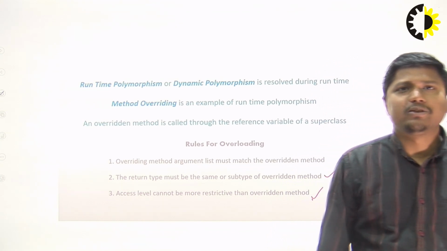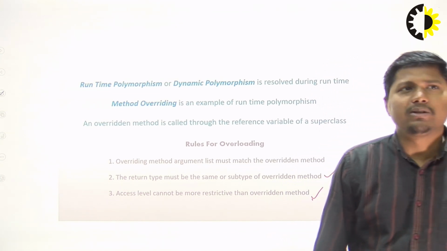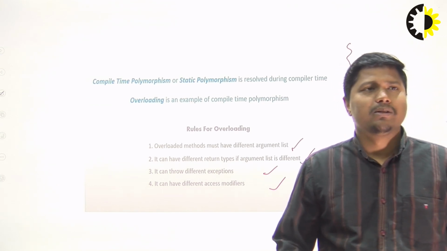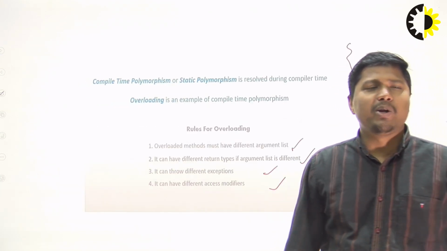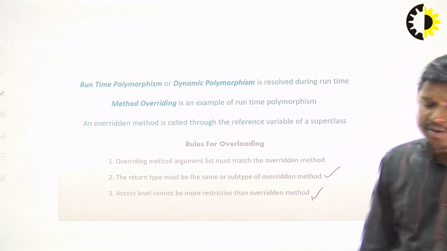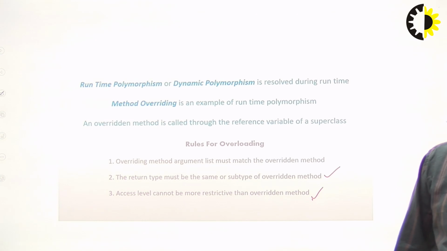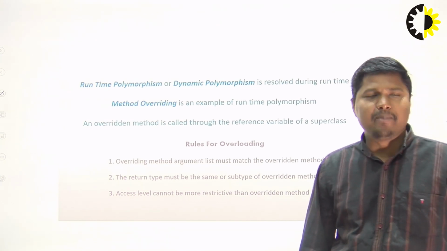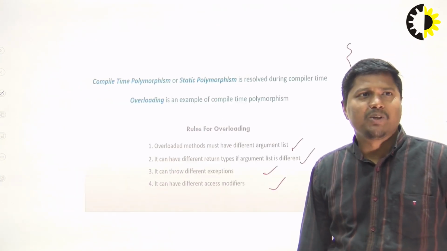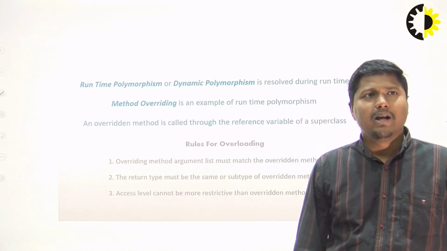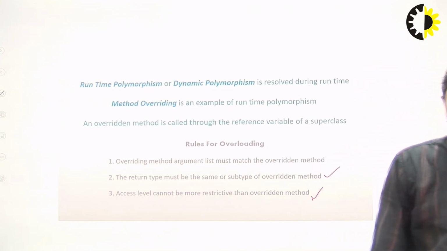The execution time of compile time polymorphism is fast, and the execution time of runtime polymorphism is slower. The example of compile time polymorphism is method overloading, and of runtime polymorphism is method overriding.